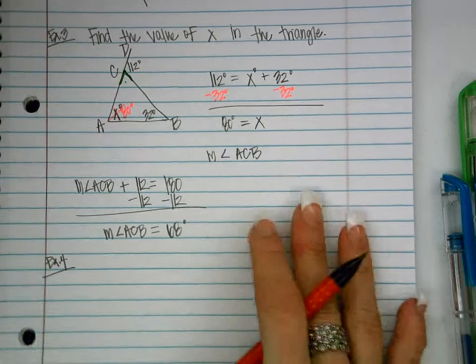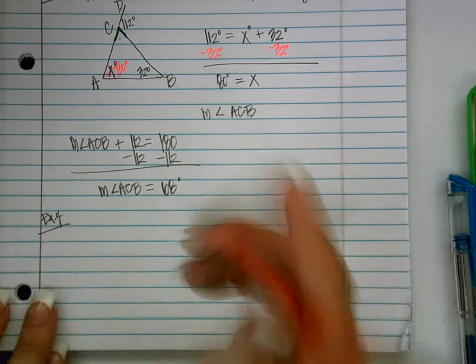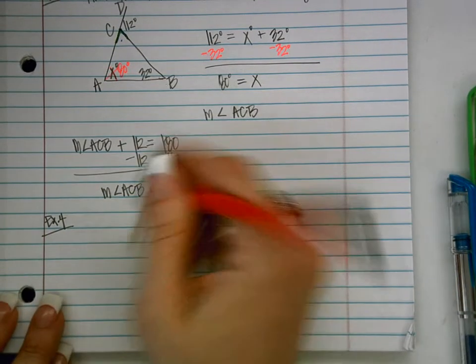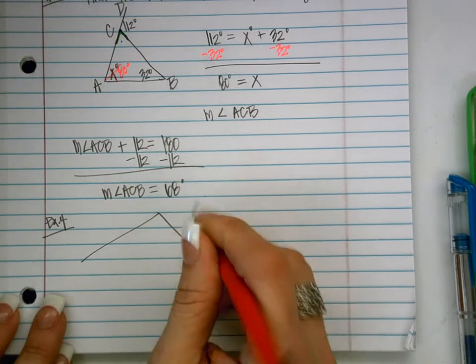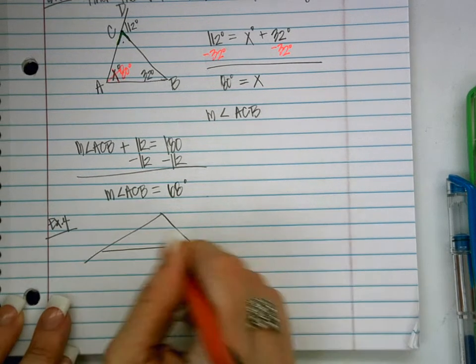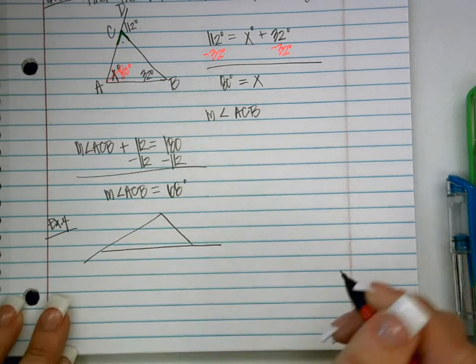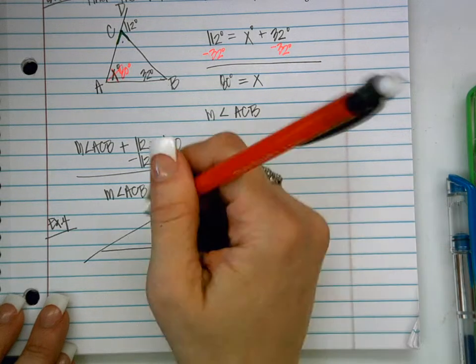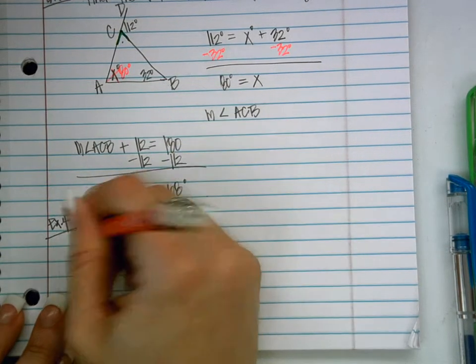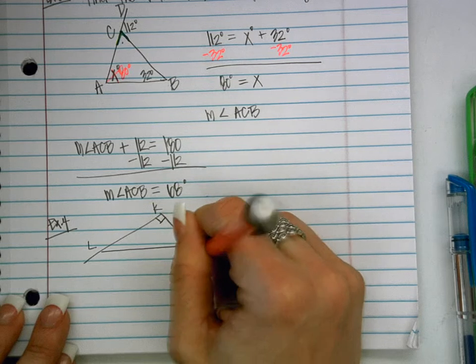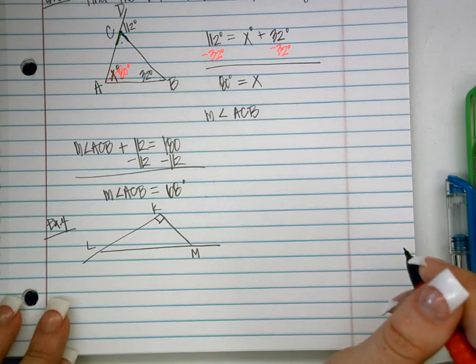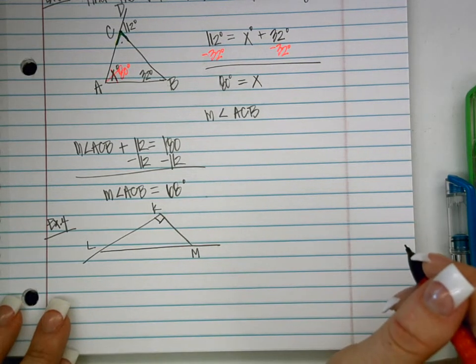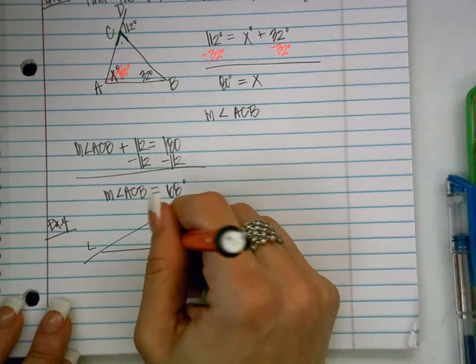Okay. So, if I give you another triangle, we're going to draw another triangle, just like this. We're going to label it K at the top, L, and M. K is 90.